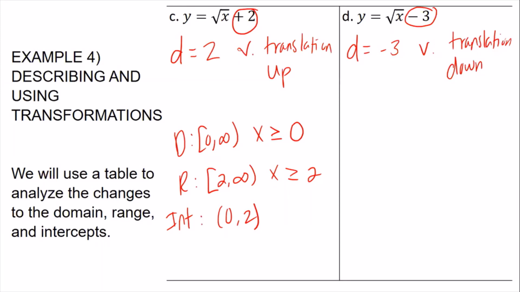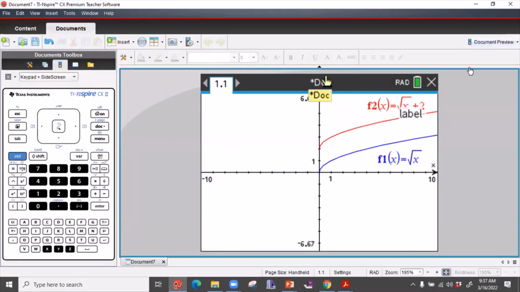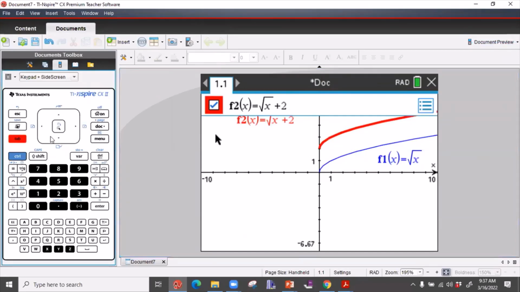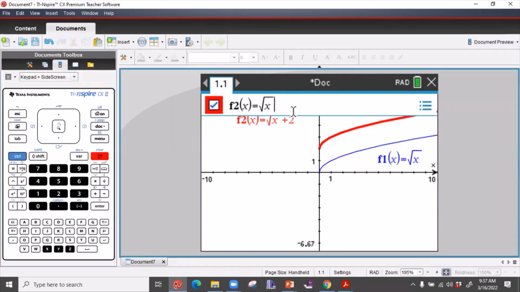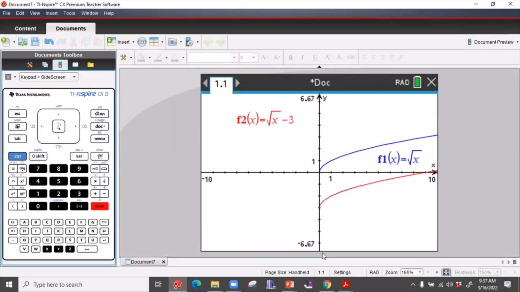All right, so we're going to do the same thing. We're going to analyze square root of x minus 3. So I'm going to go back. If you're using a handheld, there's a couple ways. You can double click on that or hit tab and it'll still take you there. But I'm going to take the plus, turn it to a minus. And so now here's my function.